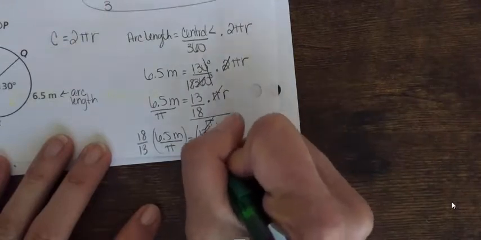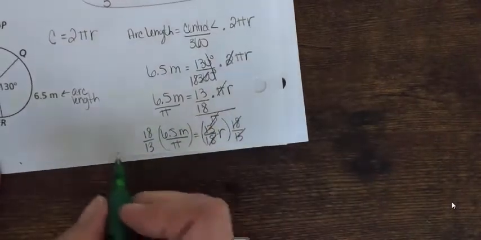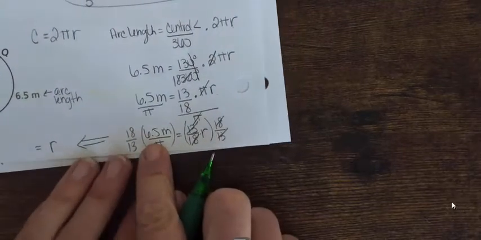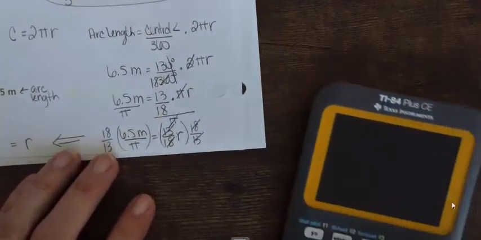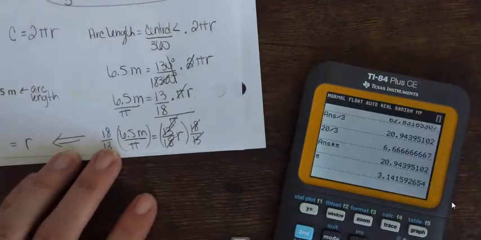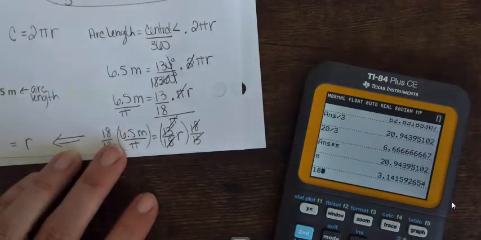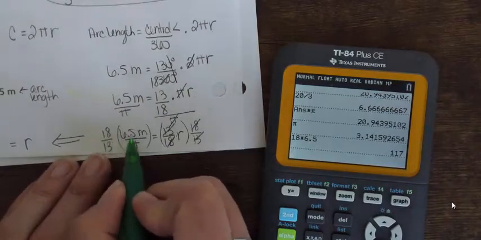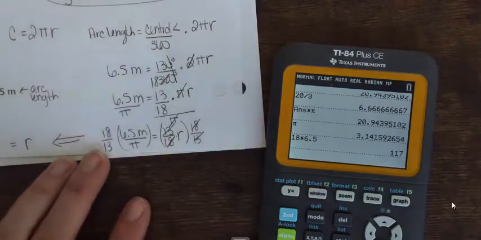These completely reduce, so I'm just left with r on that side. Let's come over here. So I'm left with r on the right-hand side. And then I got to get a value for this right here. So let's see what we get. 18 times 6.5 is 117. Okay, so I just did this, divided by 13.